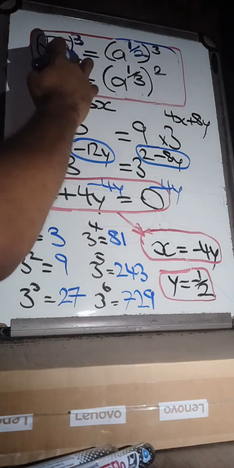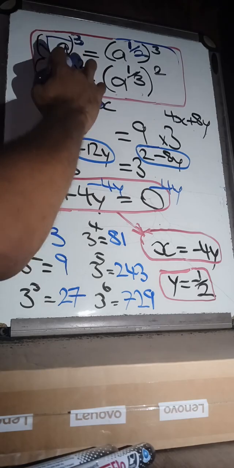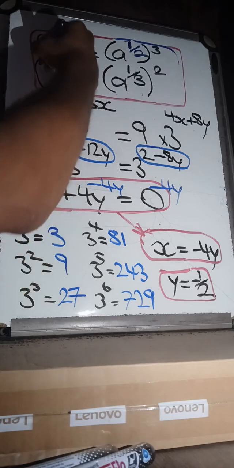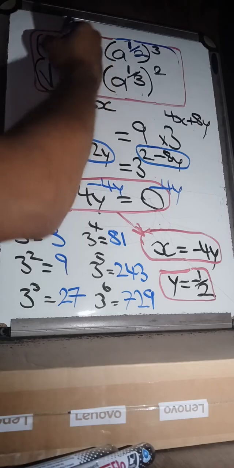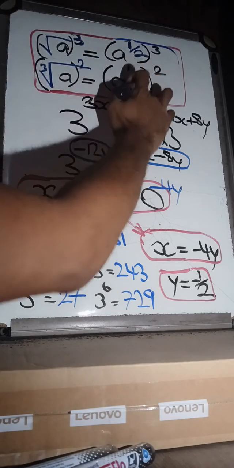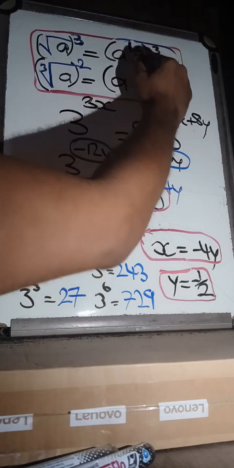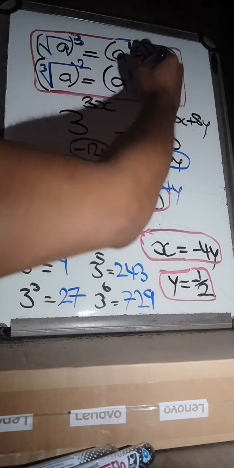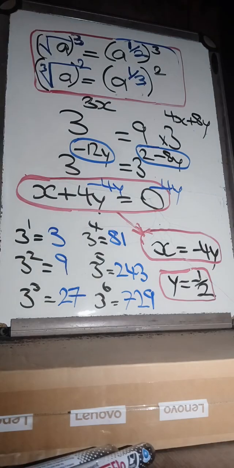Imagine that this cube root is the same as our 1 over 3. And then of course everything makes sense.